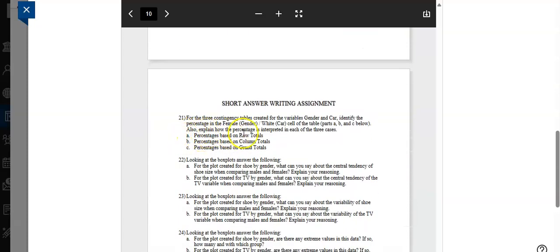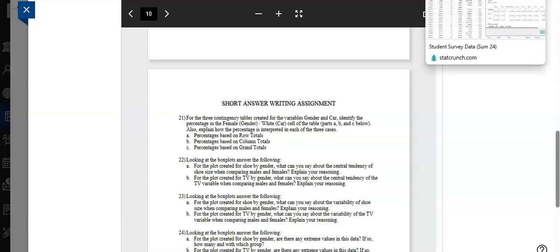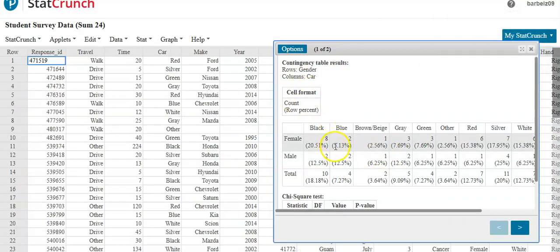Explain how the percentage is interpreted in each of these cases. So, percentages based on row totals. Let's look back at our results.